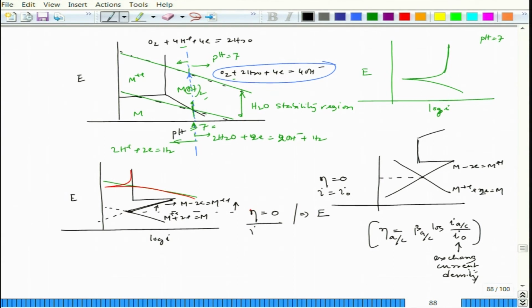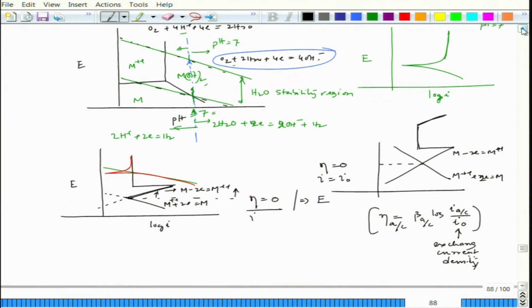This breaking can happen due to pitting, and at the same time it can happen due to the oxygen reduction process or oxygen evolution process. Now, this reaction also has two parts. If I look at the oxygen evolution reaction, these are the two parts.